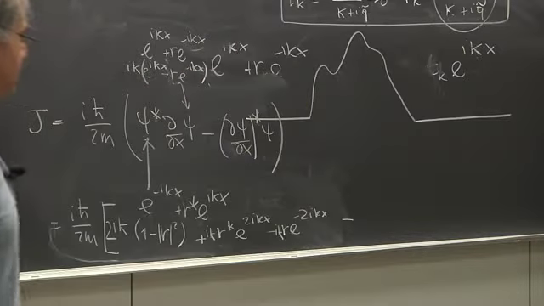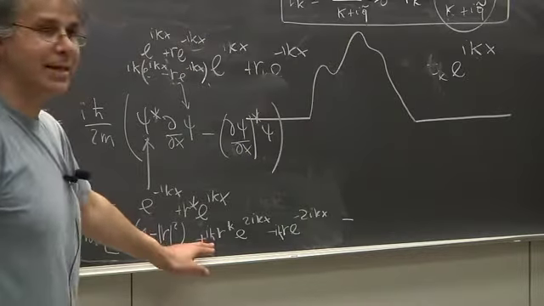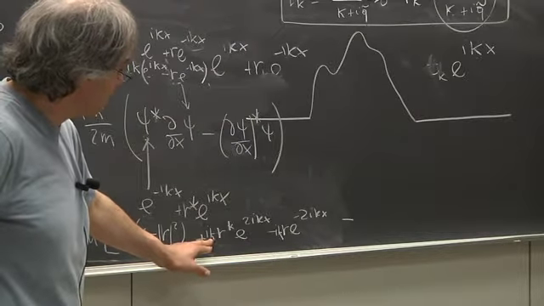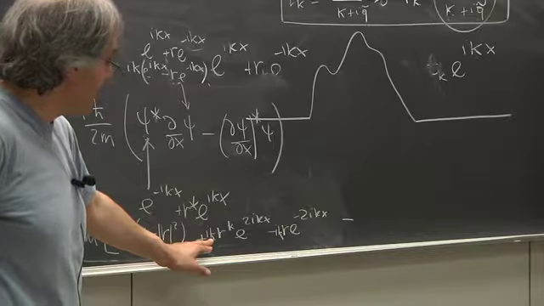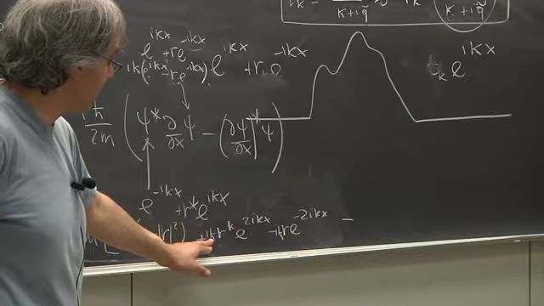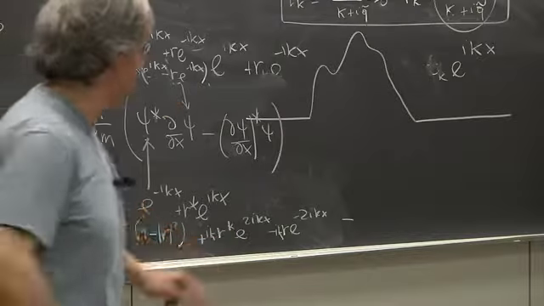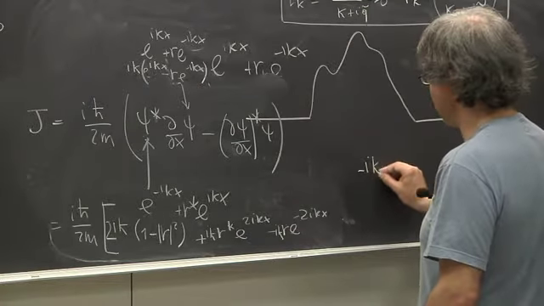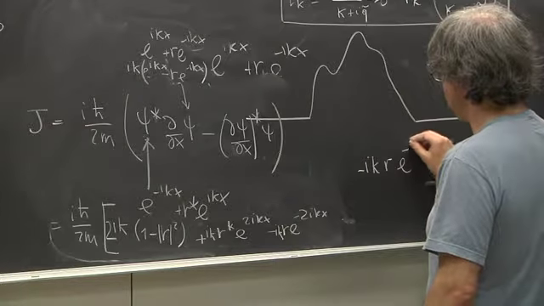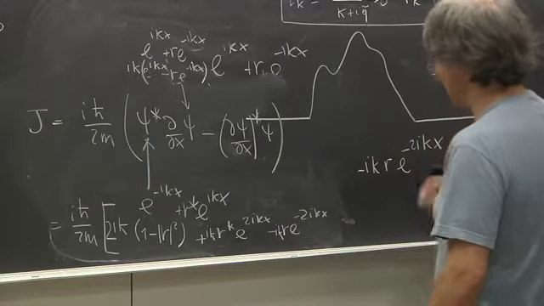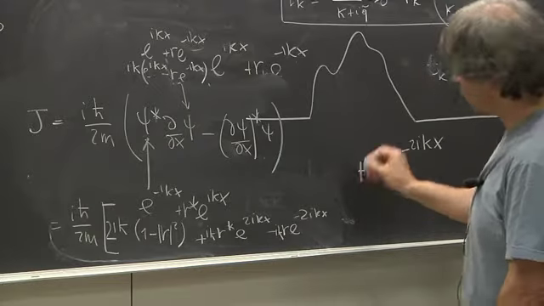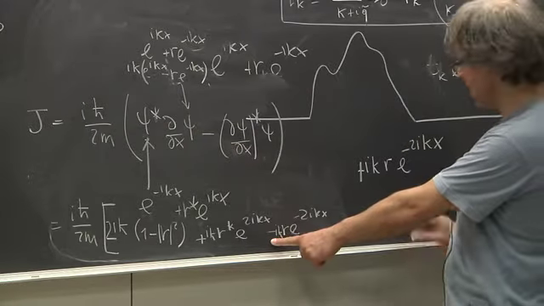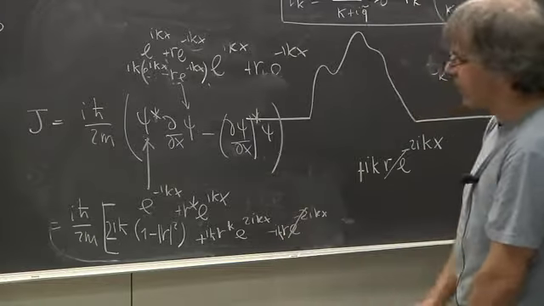Now it's better. If I take the star of this, which is minus i k, and I subtract it, it's with the r. It's minus i k r e to the minus 2ikx. I have to subtract it, which means I put a plus, and you see it's exactly the opposite of this term, so this and this cancel.